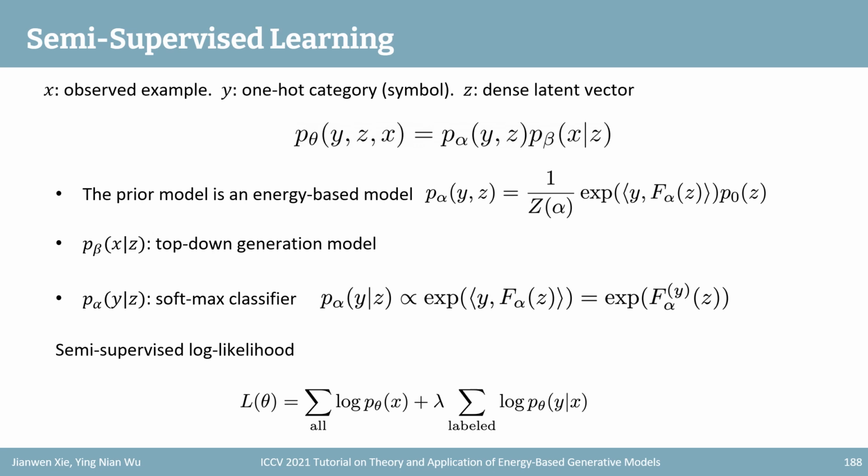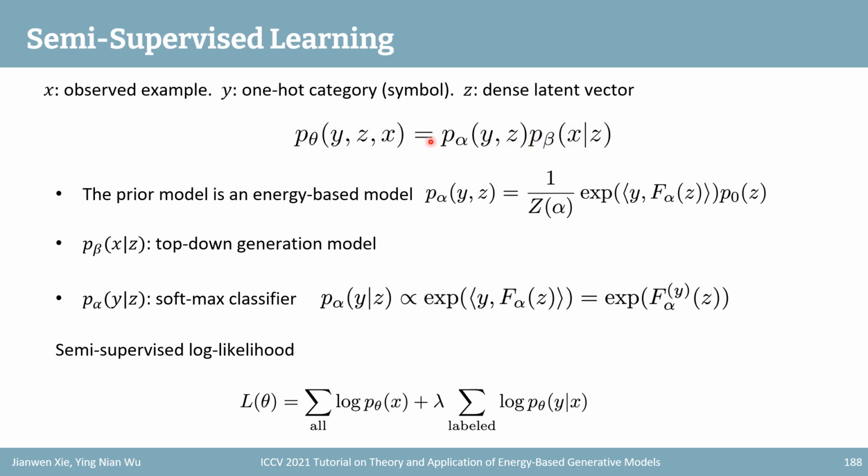This model can also be used for semi-supervised learning. As I mentioned, an energy-based model is a generative classifier, but this time we build the classifier in the latent space. We now have a label Y, which is like a class label, a categorical or one-hot vector. Z is a dense vector, and X is an observed example, say an image or a sentence.